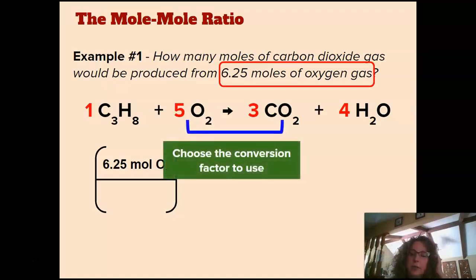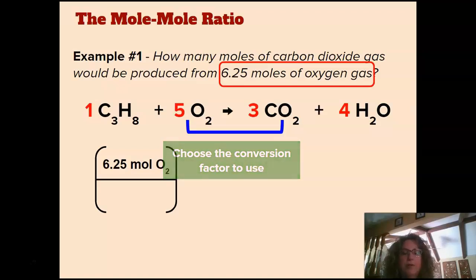Now I have to look at my conversion factor. I know that my ratio of carbon dioxide to oxygen is 3 moles of carbon dioxide to 5 moles of oxygen, but one of them has to go on bottom and one has to go on top. Hopefully you remember that what we cancel goes on bottom and what we want to convert to goes on top.